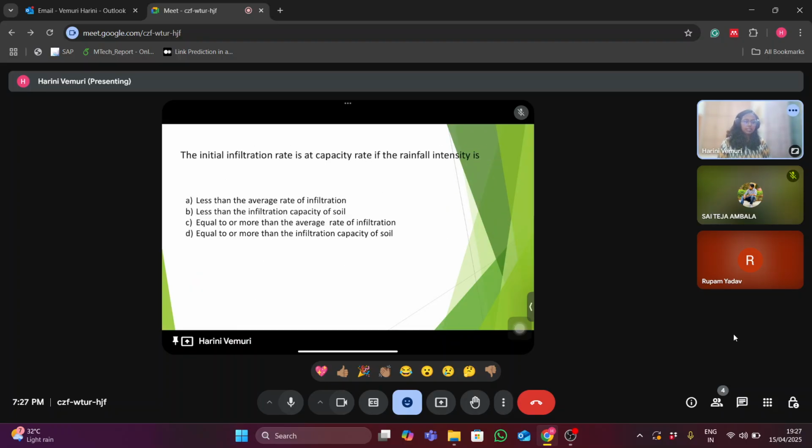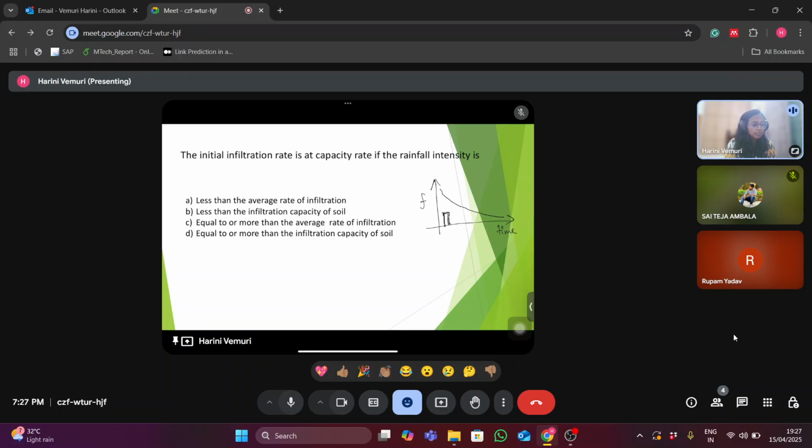The next question is, the initial infiltration rate is at capacity rate if the rainfall intensity is. If you remember, the infiltration capacity of the soil will be a decreasing curve with time. If the rainfall intensity is less than the infiltration capacity, then the infiltration that is occurring will be equal to the rainfall intensity itself.